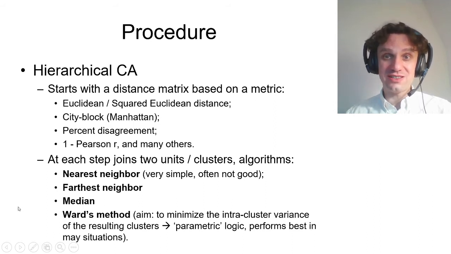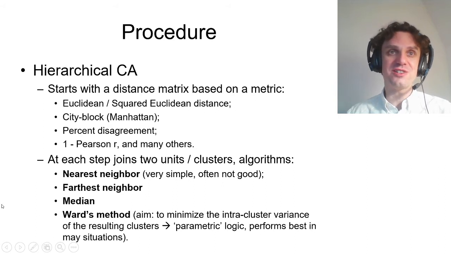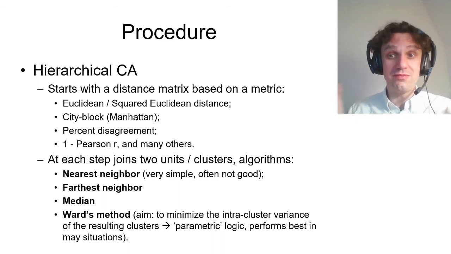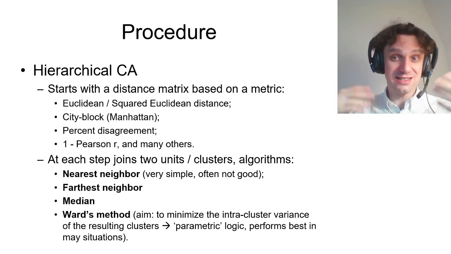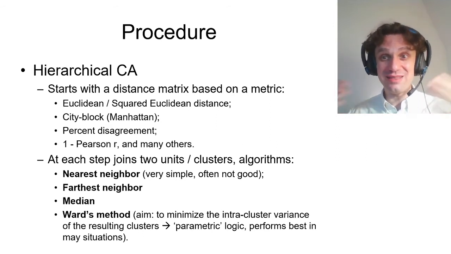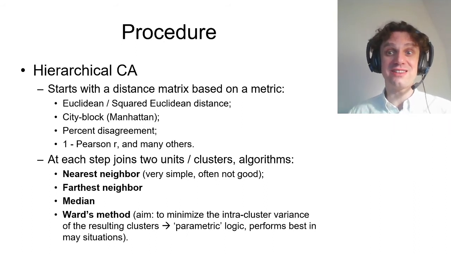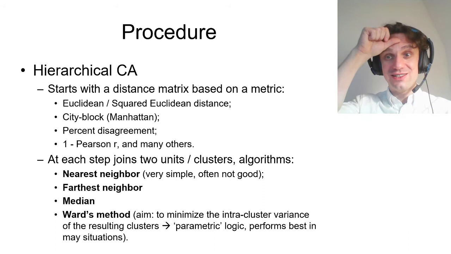And it was used in simulation studies showing that out of these methods that are available in SPSS, for example, Ward's method is by far the best in terms of being able to recover the structure that is really there in the data. So people create this population structure of types, then they add some sample bias, they simulate different samples from this population, and studies show that Ward's method is the best at recovering the true structure.